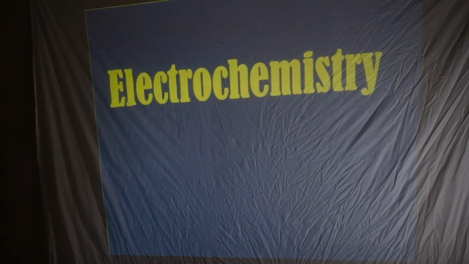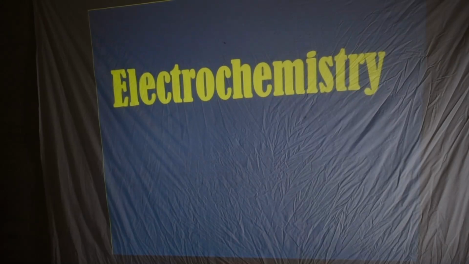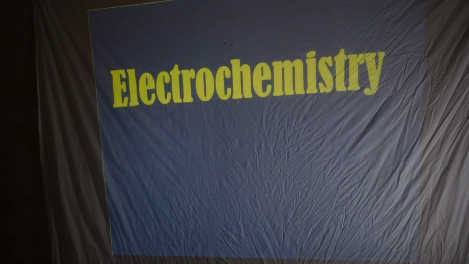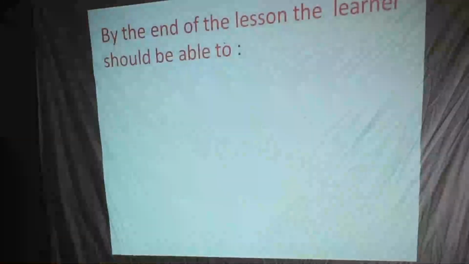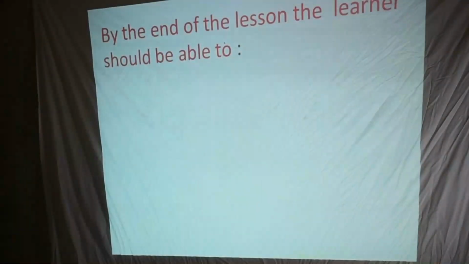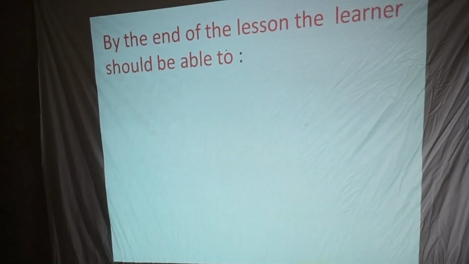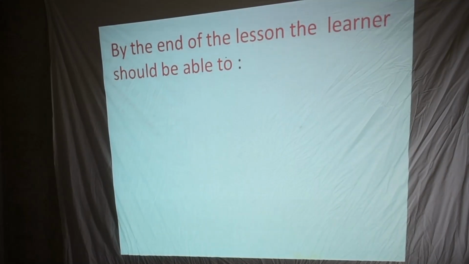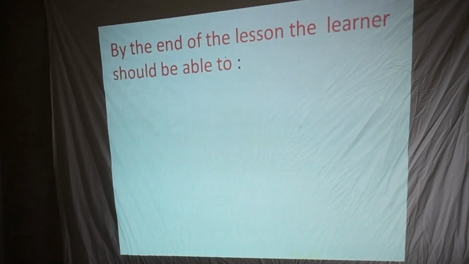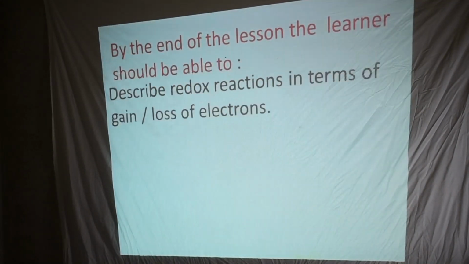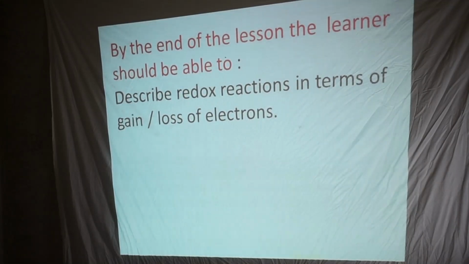We are going to present this topic from the start until the end. And therefore, to start this, we are going to look at the objectives of this lesson, in which, by the end of this lesson, the learner should be able to, number one, describe redox reactions in terms of the gain or loss of electrons.